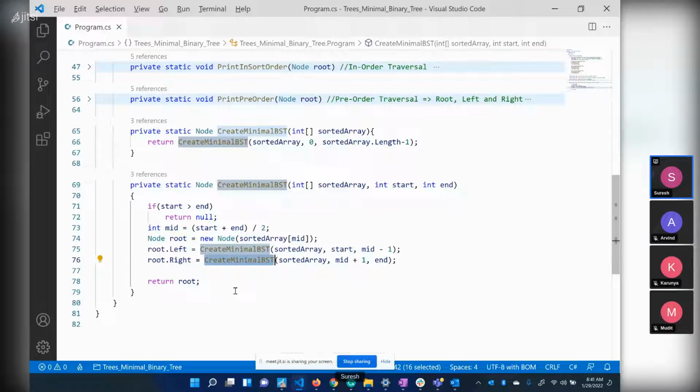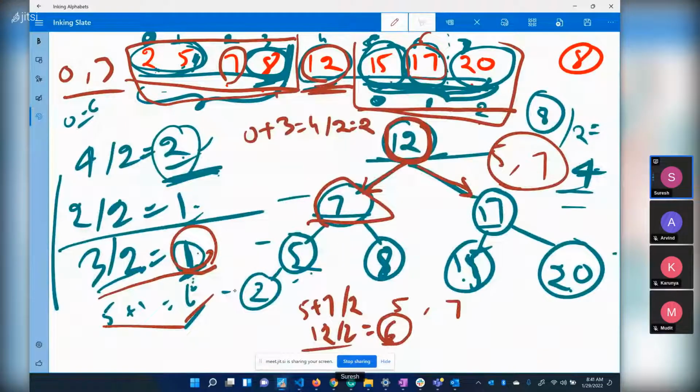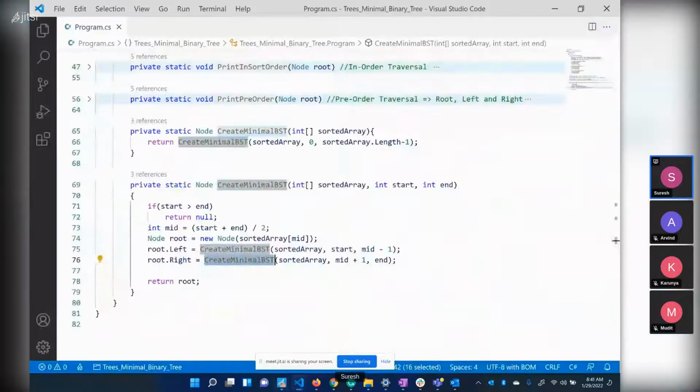Again for the left side, it will do the same thing. It will take the mid value, put the mid value, and again it will call for left side and it will call for right side. So when you're calling right side, that's where the plus and minus happens. So when you call for 8, what we need to do is 2 plus 1, right? So start at 3 and end at 3. Then is start greater than end?